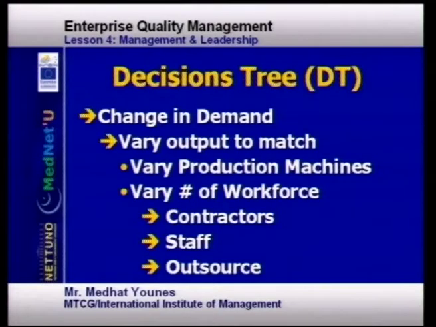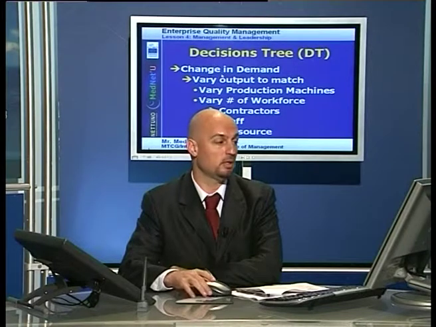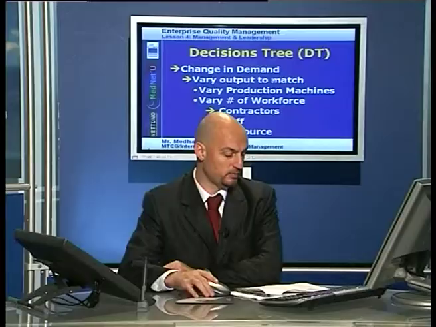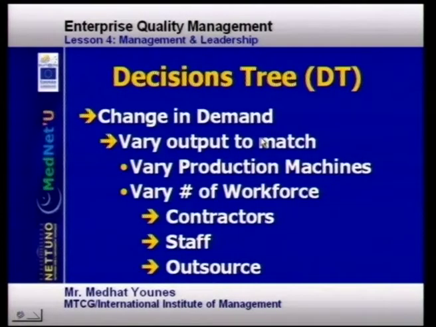Let's take a look at another decision hierarchy we call the decision tree. A manager would always have to adapt his resources and organization to meet the changes in demand. Let's take an example of varying the output to match the demand level in case of an increase in demand for a product.